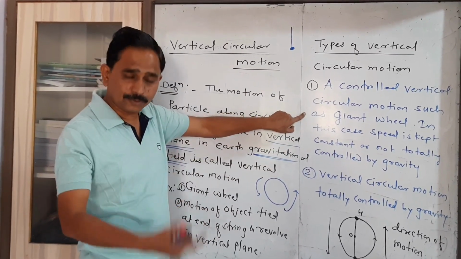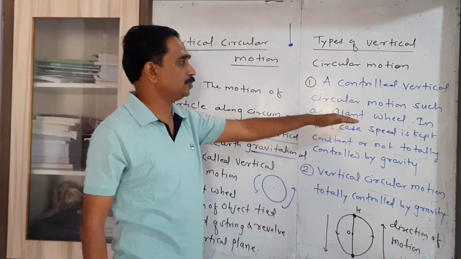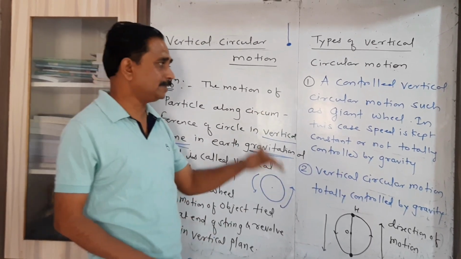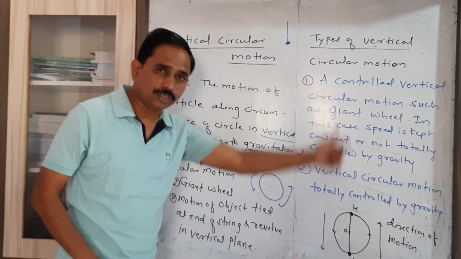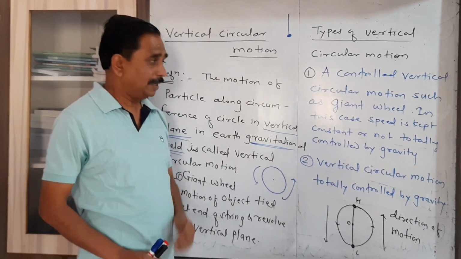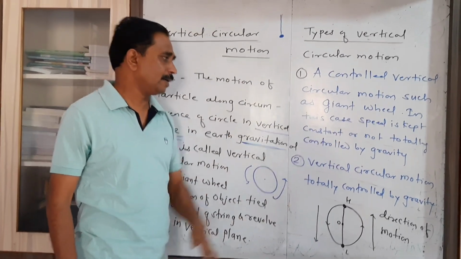Here there is another source which controls the vertical circular motion of that giant wheel. So in that case what happens? In that case the speed of that giant wheel is kept constant or kept changing by another source. That motion of the giant wheel isn't controlled by the gravity.